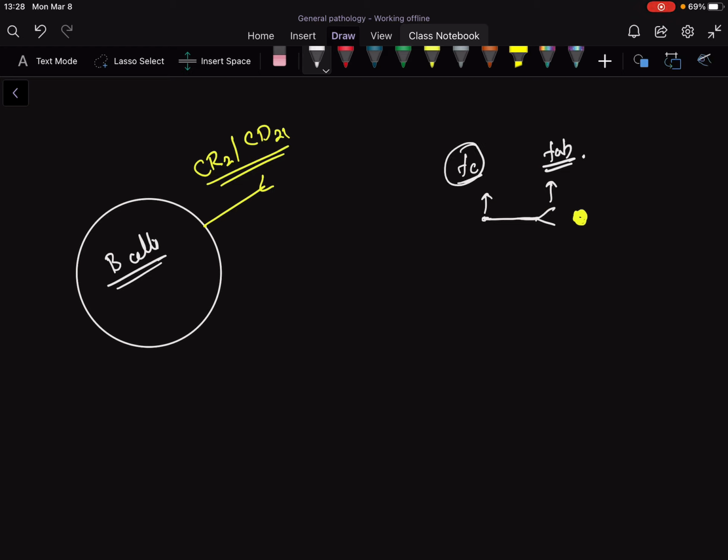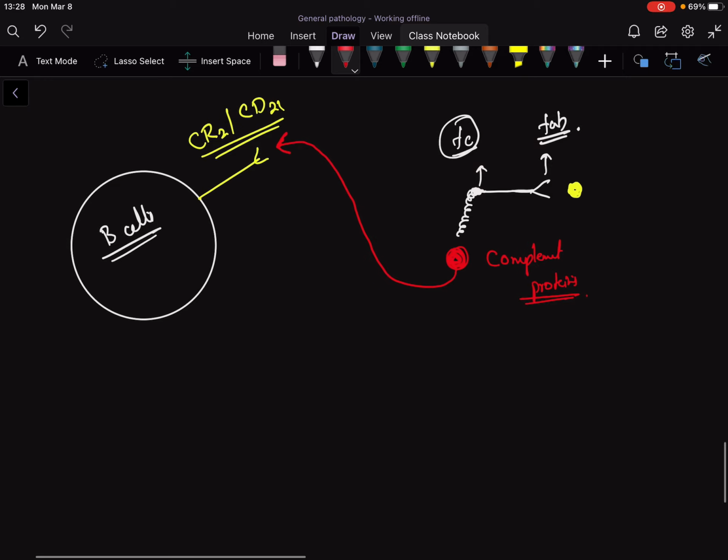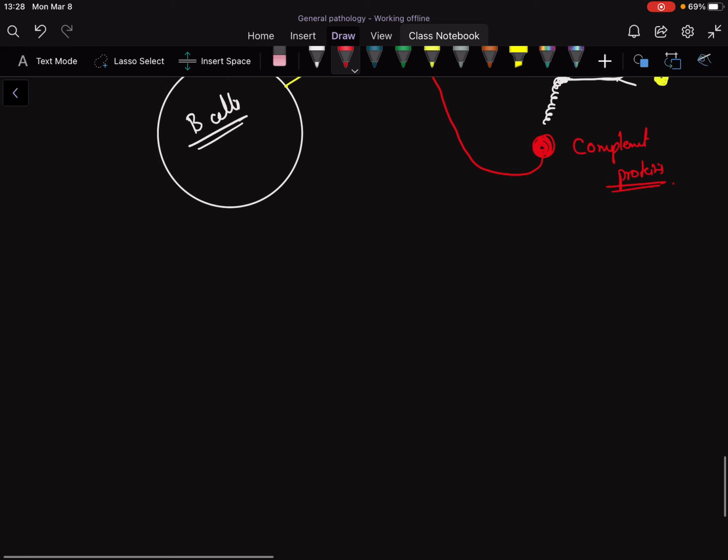And this FC portion can go and bind with proteins called complement proteins. Once these complement proteins are bound with the antibodies, they will go and bind with this complement receptor 2 protein here, and the B cells are activated, and you know the rest of the story.